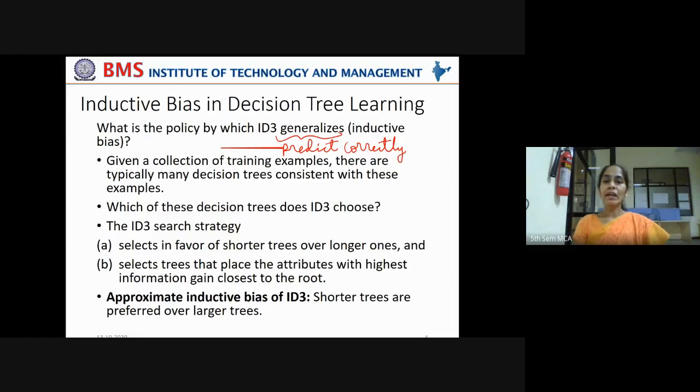Now, given a collection of training examples, there are typically many decision trees consistent with these examples, right? When I give this 14 data points example again, not only one decision tree, but actually you can construct lots of decision trees. Say you just omit outlook, that attribute, then you can construct a different decision tree, a different shape.